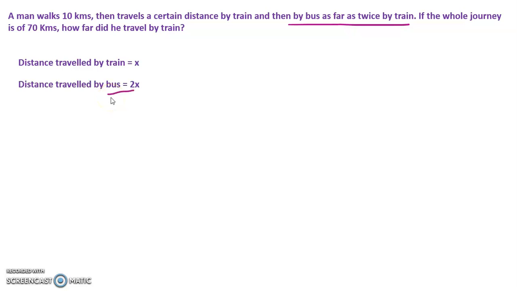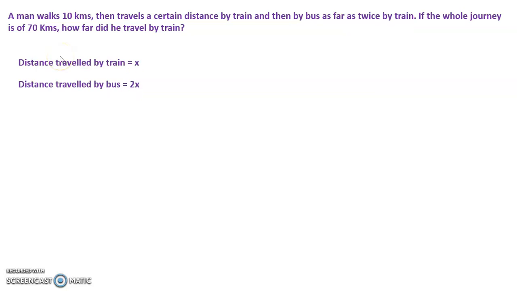Why is it 2x? Because the distance traveled by bus is twice by train. Because distance traveled by train is x, twice by train is traveled by bus. So 2x will be the distance traveled by bus.